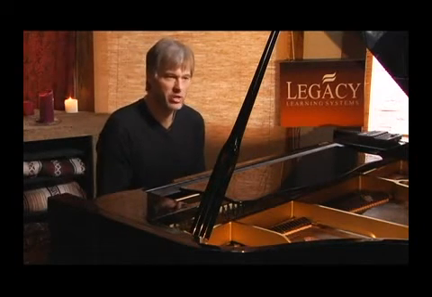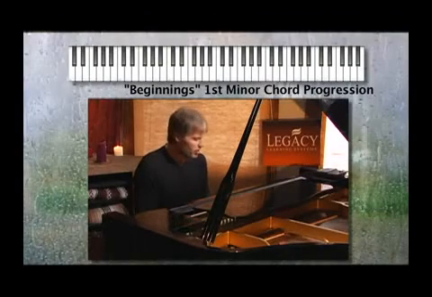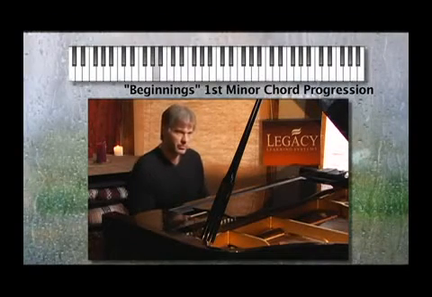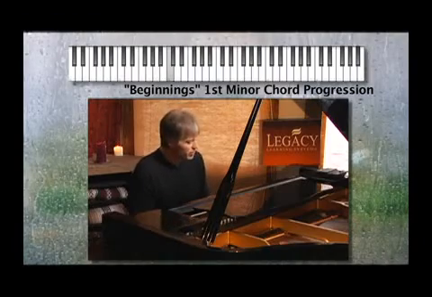Now let's go back to our first chord progression. We're going to make this progression, which we've been playing as a major progression, into a minor progression by making two small changes. First, we'll change the first left-hand bass note to A just below the C originally played. Here was the C we originally played.